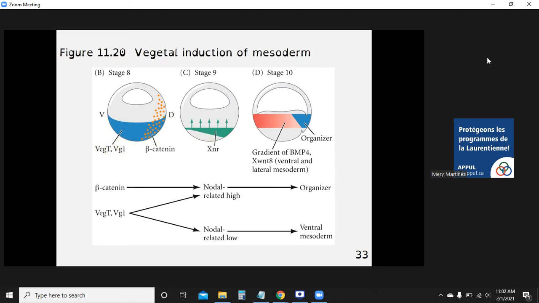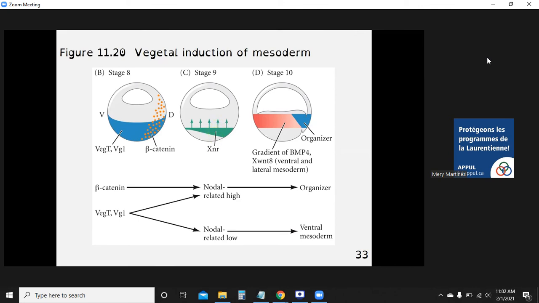And we're going to have an activation of the Xenopus nodal-related genes, which are the XNR, Xenopus nodal-related genes. And we see that the concentration is greater, or the activation is greater, right where the beta-catenin overlap occurs, okay?